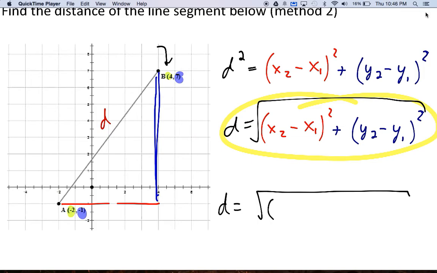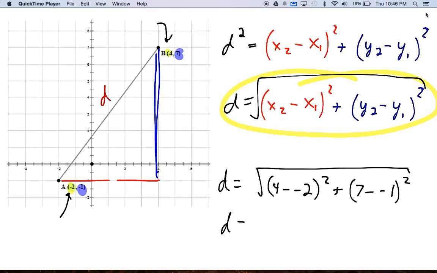Here's x2, 4. Here's x1, minus 2. 4 minus -2 squared plus y2 minus y1. That was 7 minus -1. 7 minus -1 squared.